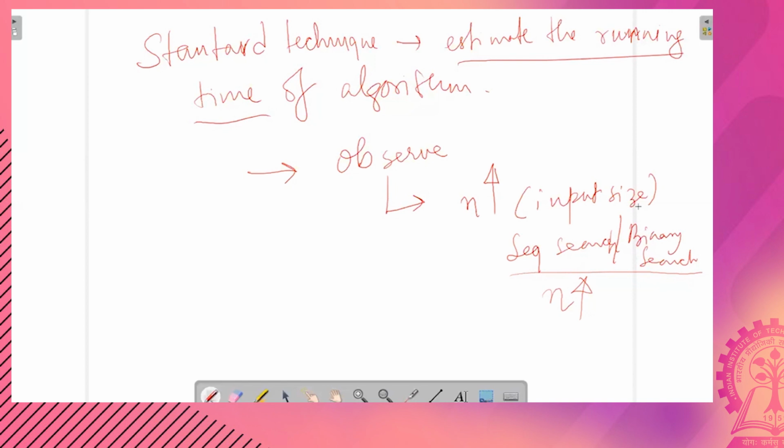What I have been telling you so far is that there is some minimal computation that you always have to do while executing an algorithm.